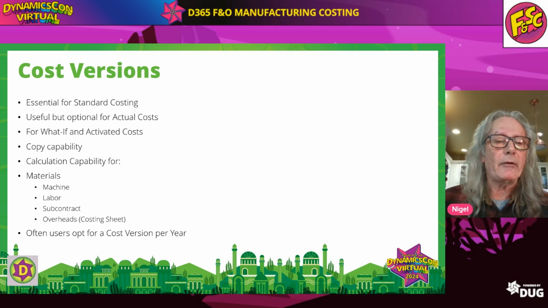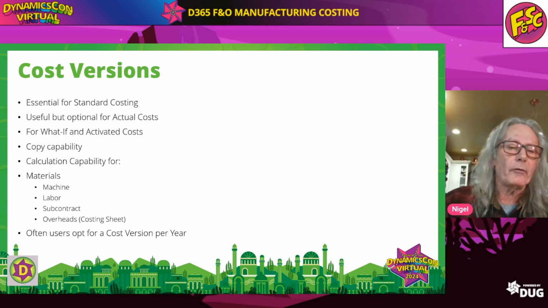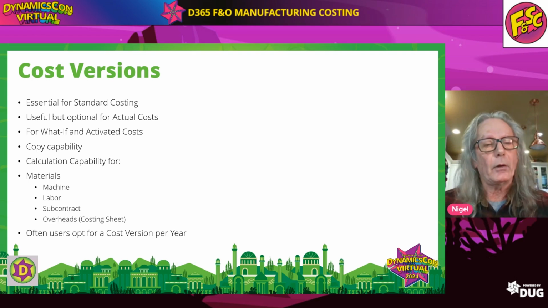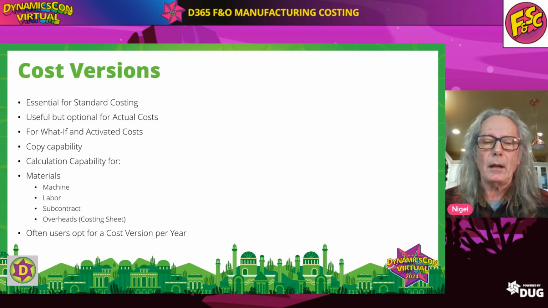There is a calculation capability for materials, machine, labor, subcontract, and overheads. So even on the material cost, if you're using miscellaneous charges, or you're using a percentage on your costing sheet, you have to run the calculation for Dynamics to recognize that new standard cost.